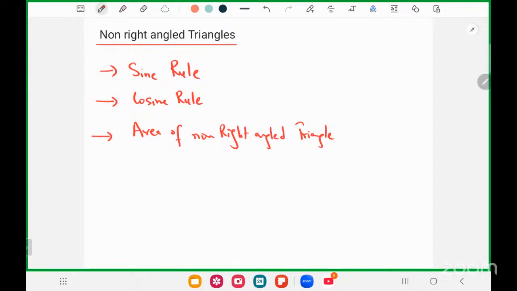This is the target for the day, that we will study sine rule, cosine rule, and area of non-right angle triangles.